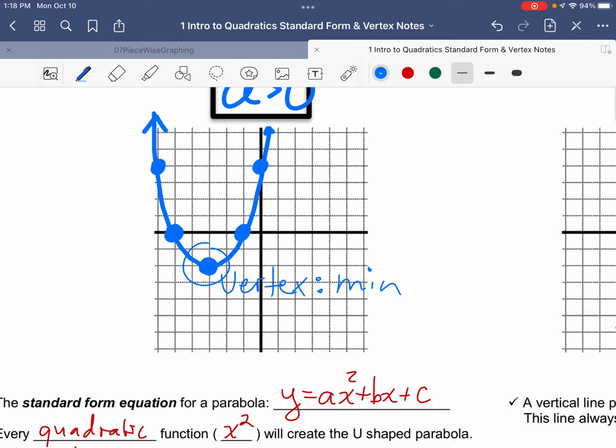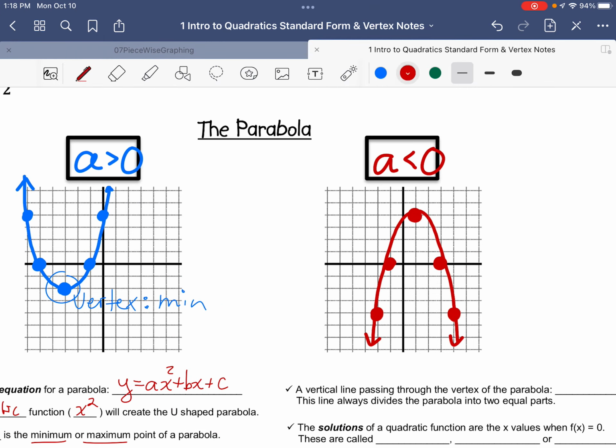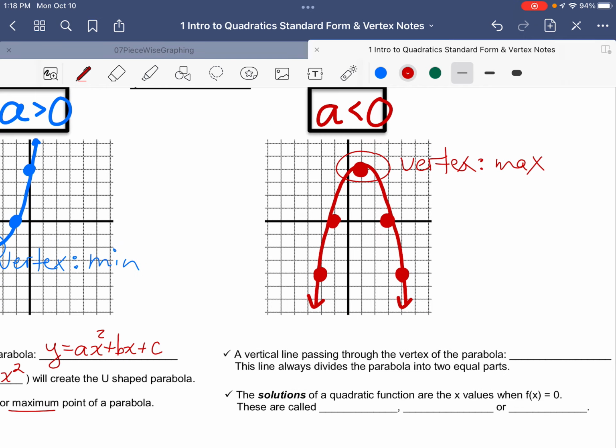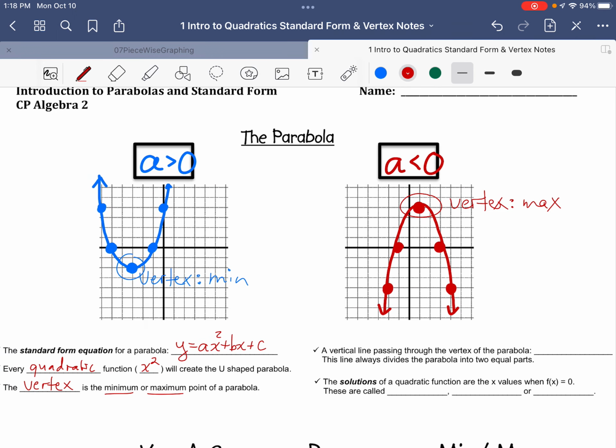Over here, we also have a vertex, but this time that vertex is going to be a maximum, simply because it's the highest point on the graph. So a vertex is a pretty important point. It's kind of that point in the middle, and it can be a minimum or maximum on the graph depending on which way it's opening.